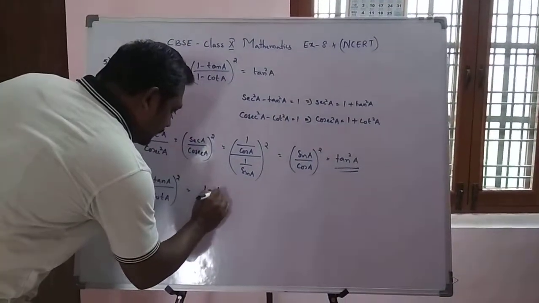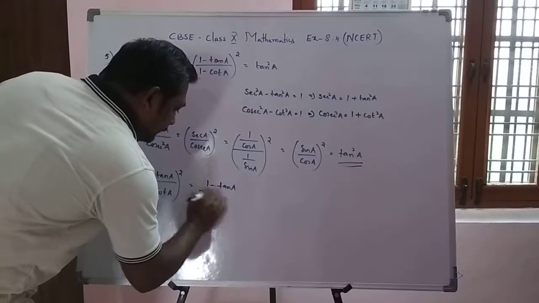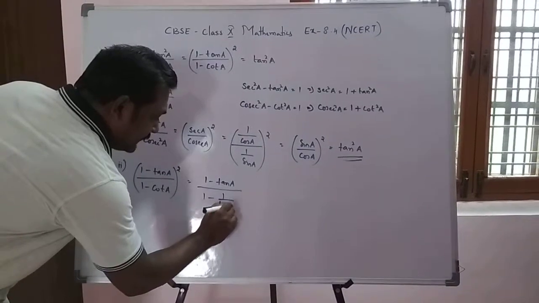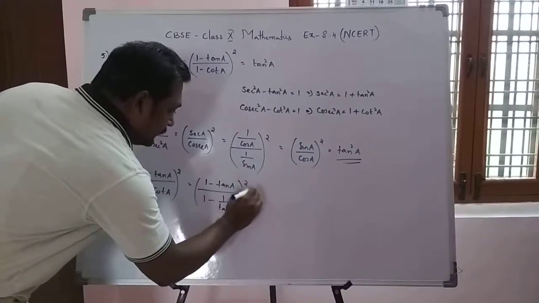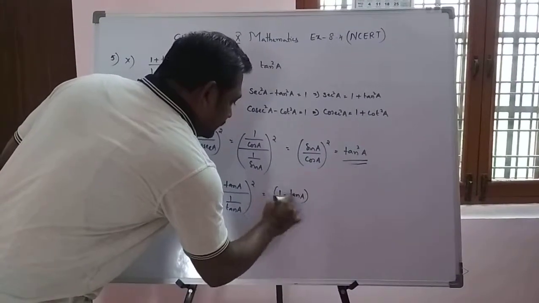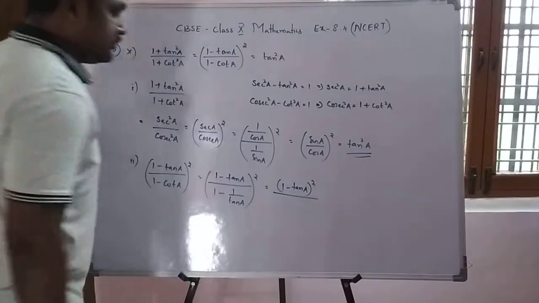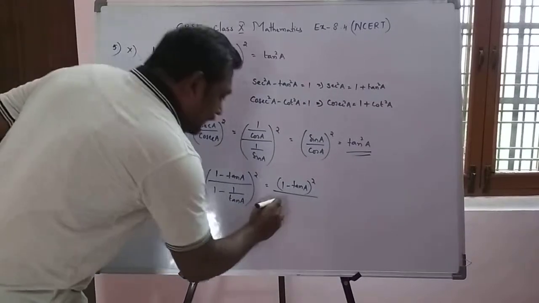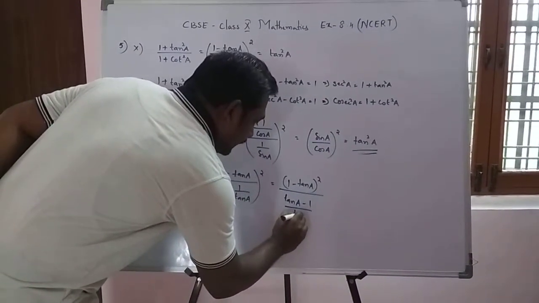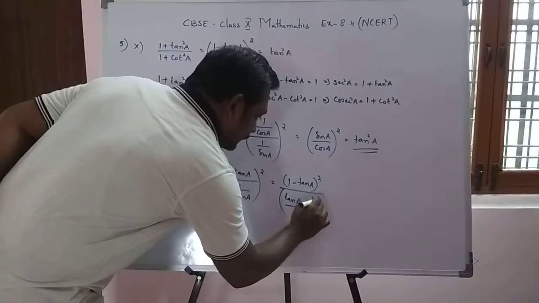So we can write this function as (1 minus tan A) by (1 minus 1 by tan A) whole square. Let me separate the squares, whole square, by taking LCM here. We get it as (1 minus tan A) by ((tan A minus 1) by tan A) whole square.